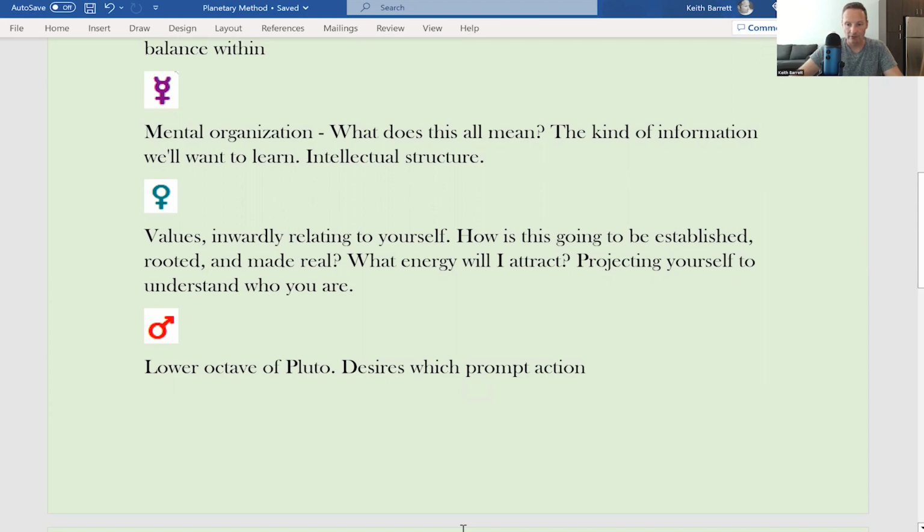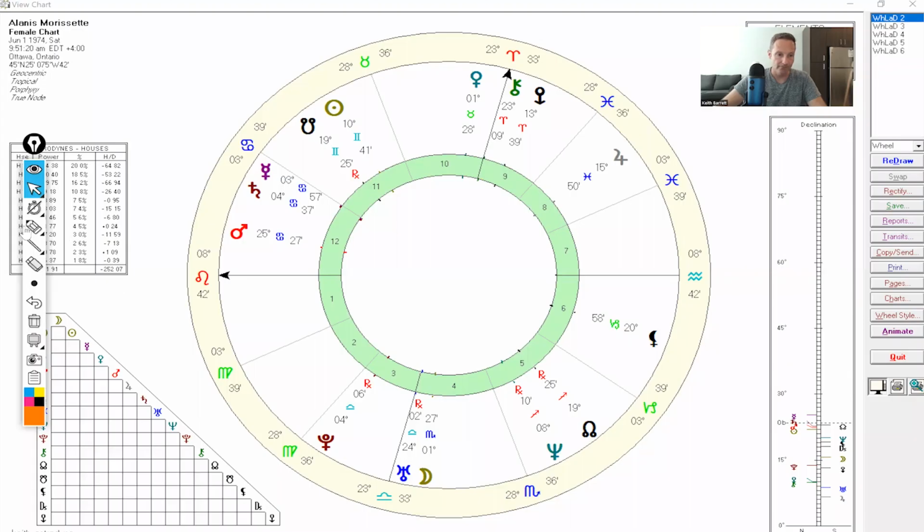And so we look for her Mars. And her Mars is over here again, where the Mercury is located in Cancer in the 12th house. Doubling down, right?